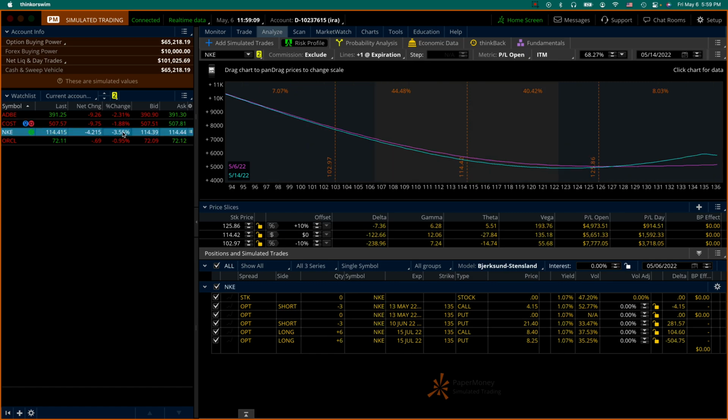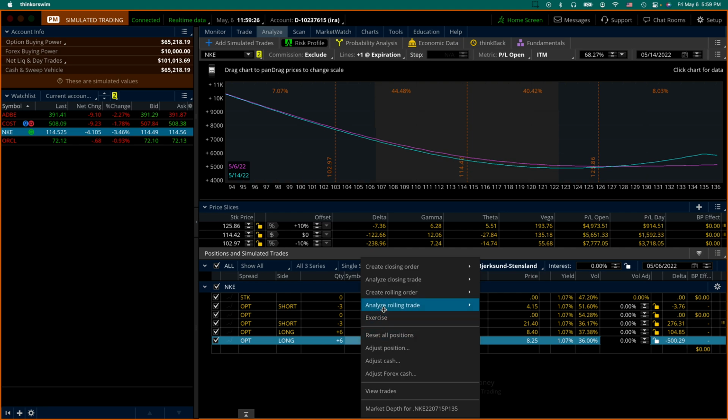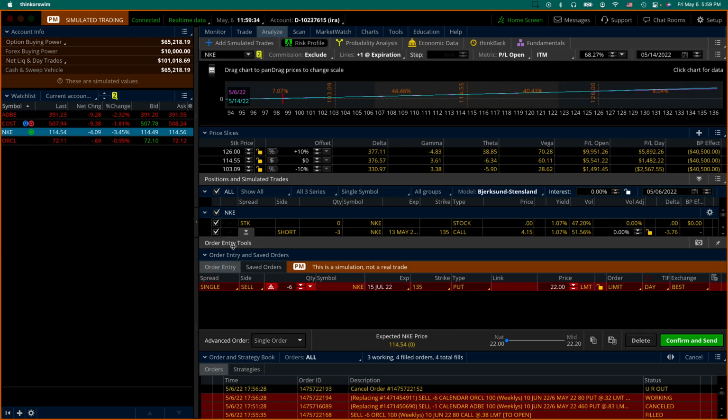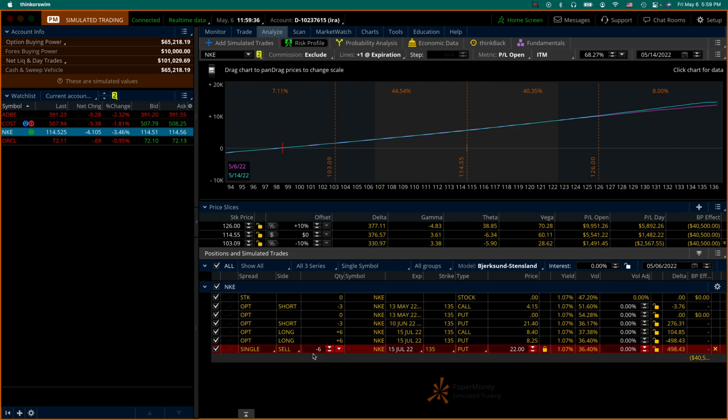You can do something similar with Nike. With Nike, we have the May 13 call that I said I will keep until next week. But look at my deltas, minus 122. You can simply sell one of the puts or do a roll down. Let's just close one. Analyze trade, and we're just going to close one.